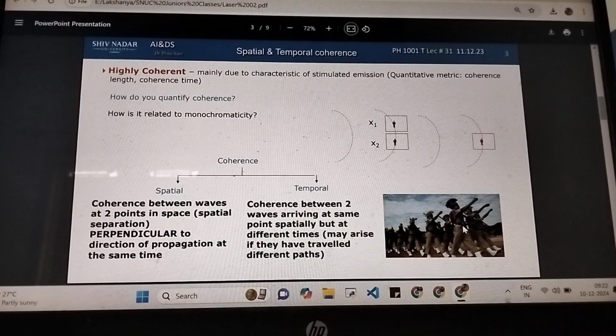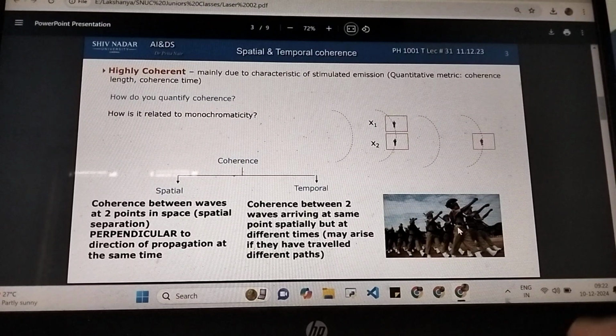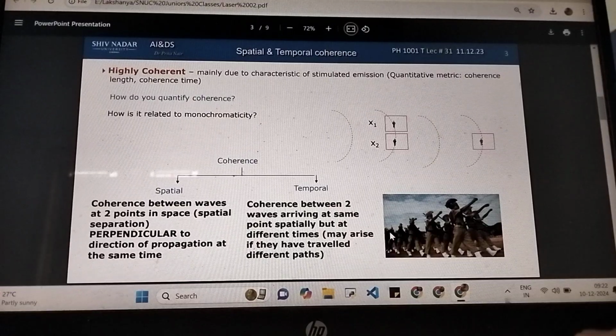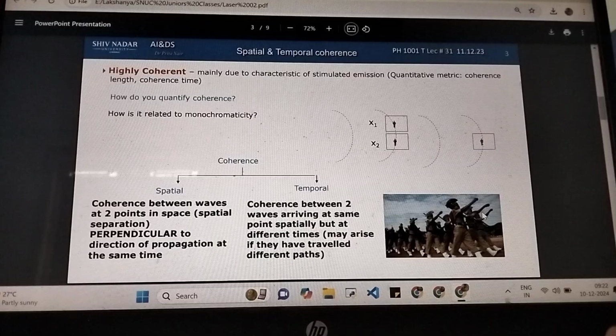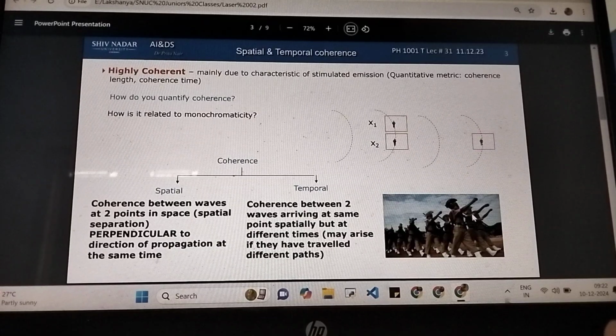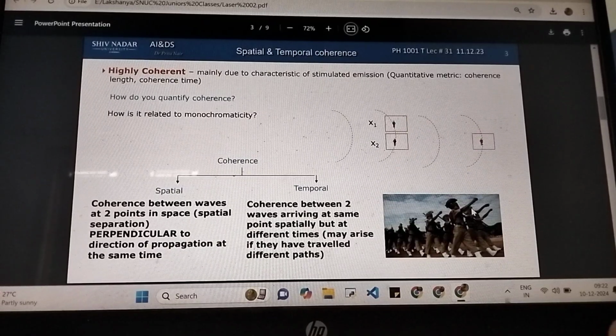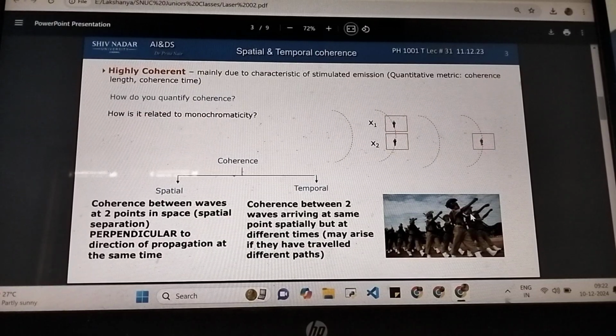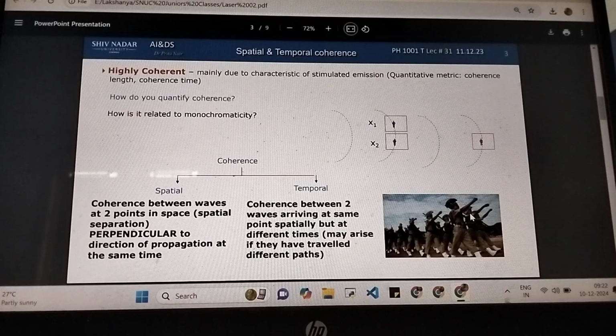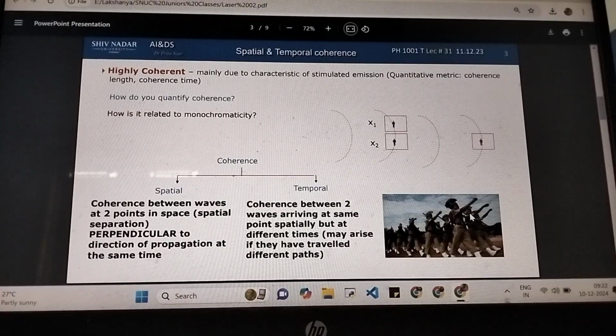Because it's a two-dimensional plane, it's not easy to show the axis, but I'm sure you can visualize. They're moving from here to here, and this row is the perpendicular direction. So coherence between 2 points in this direction at the same time means coherence between two cadets on the same row. Between, let's say, the first young man and the second young man, are they both in sync with each other? That is spatial coherence.